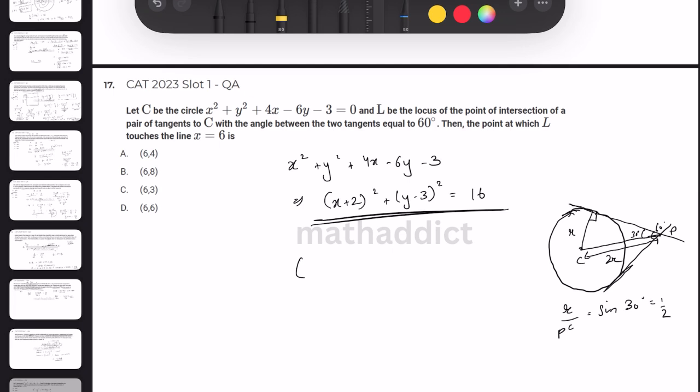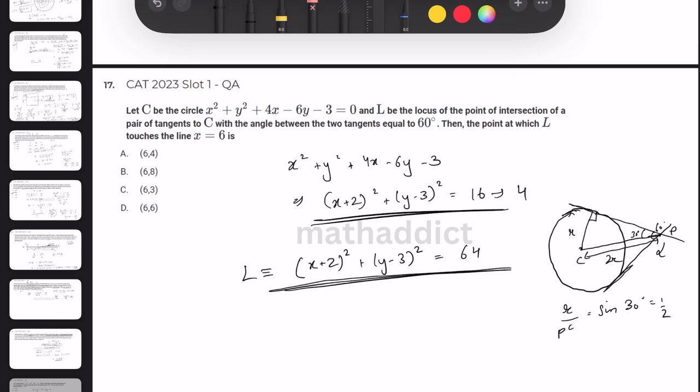This curve is our required locus L. So that becomes x plus 2 squared plus y minus 3 squared. So the radius of this is 4, which means the radius of our locus L is 8. So that becomes 64. So this is our locus L.